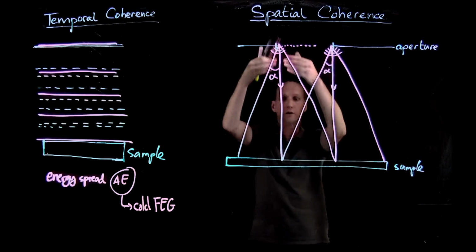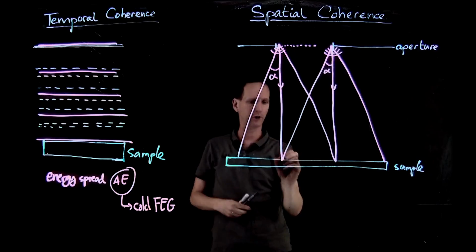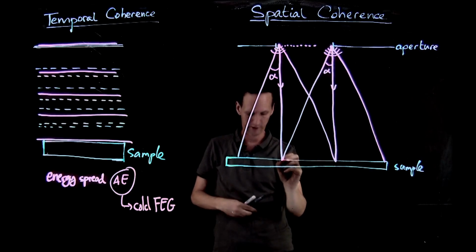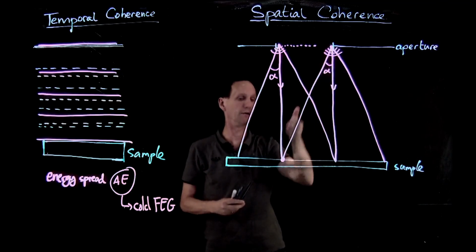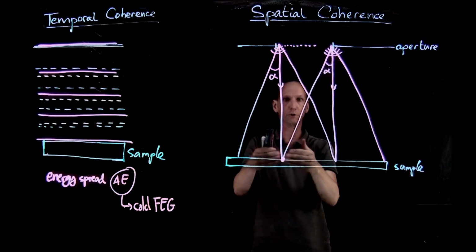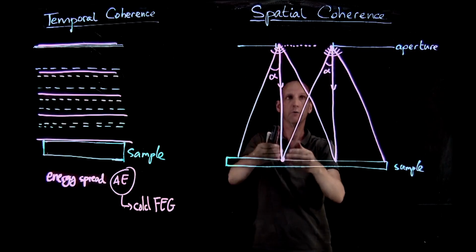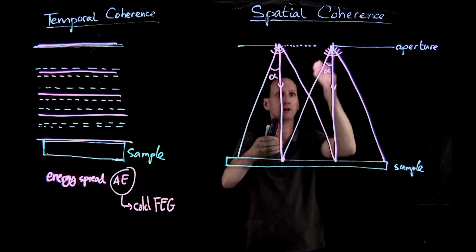So this means that if we look at a specific point on the sample here, we have different waves with different path length arriving. So the total contribution to the phase is determined by the one here, by the one here, and all intermediate ones.